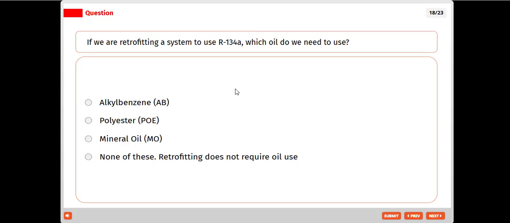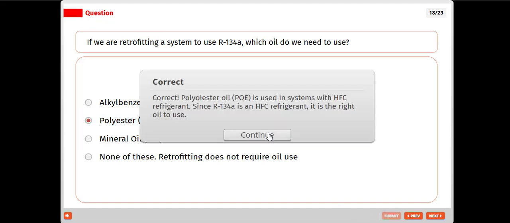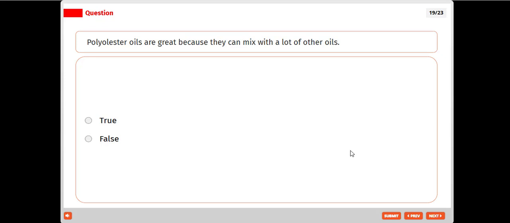If we are retrofitting a system to use R134a, which oil do we need to use? Polyester oil.